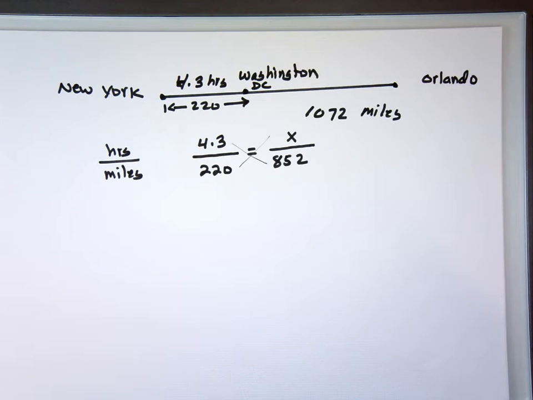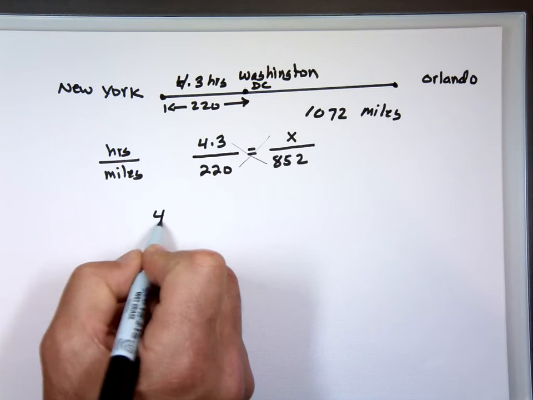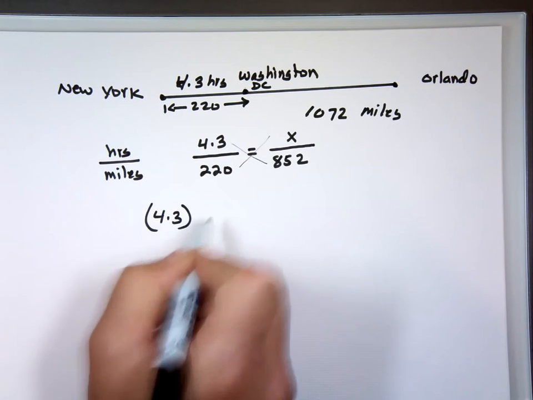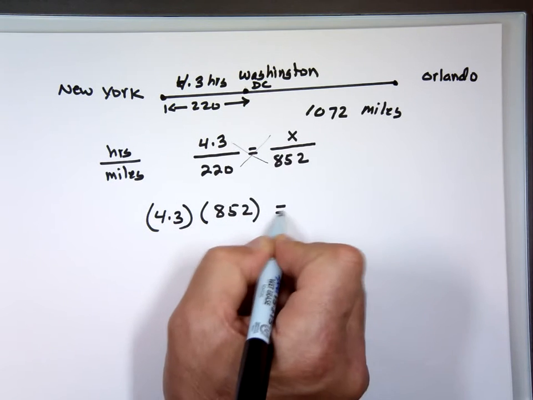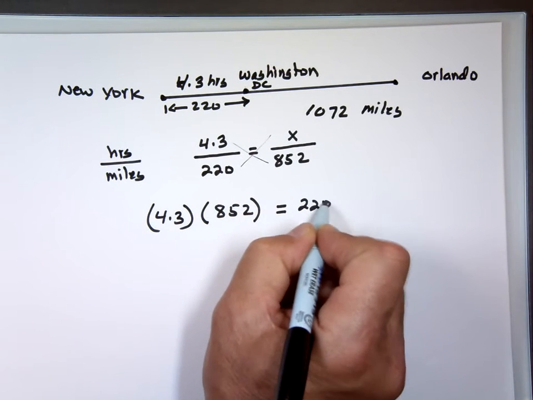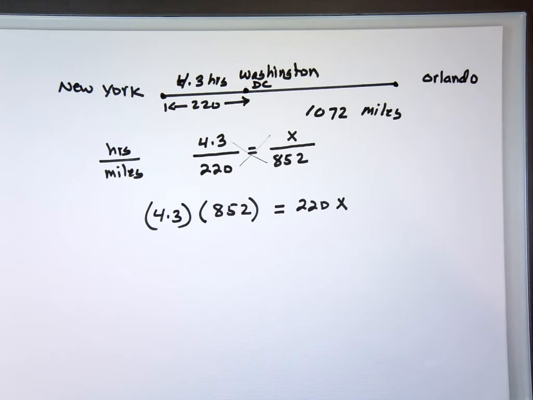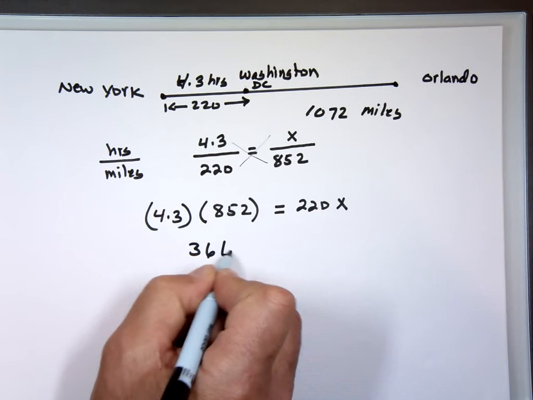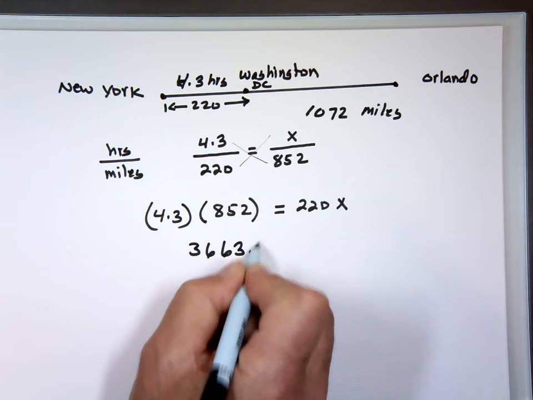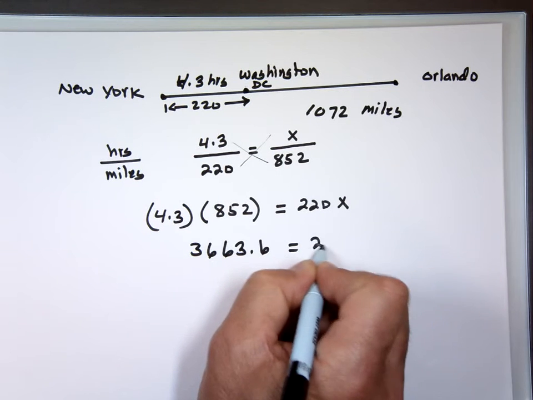So let's see what that means. 4.3 times 852 should equal 220 times x. That gives 3,663.6 equals 220x.